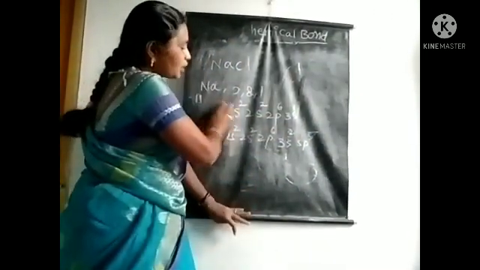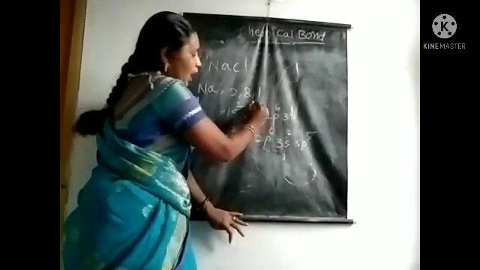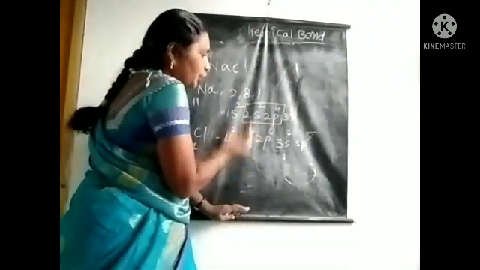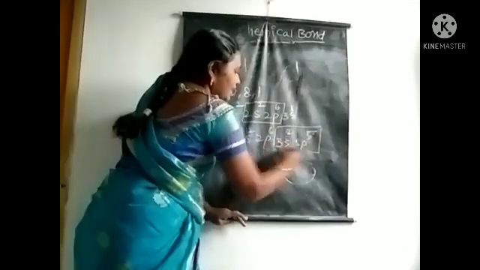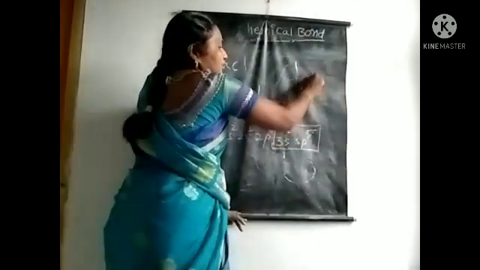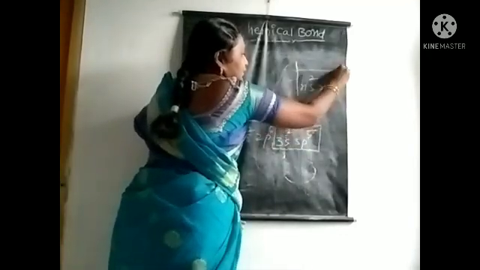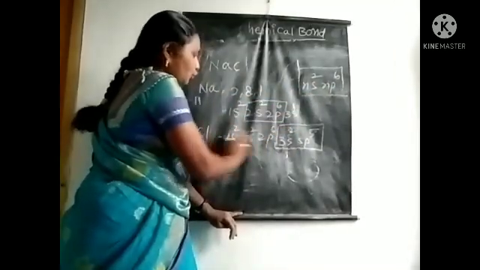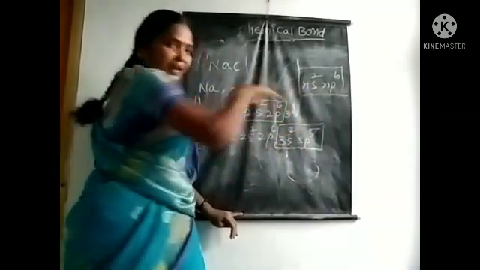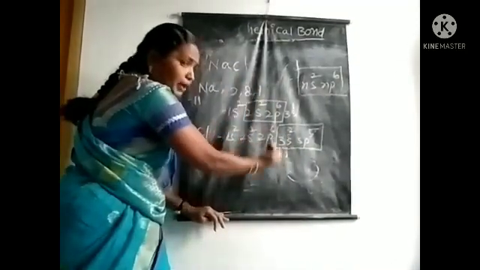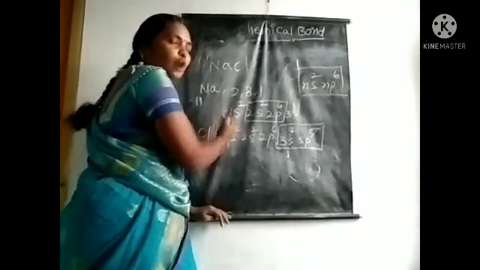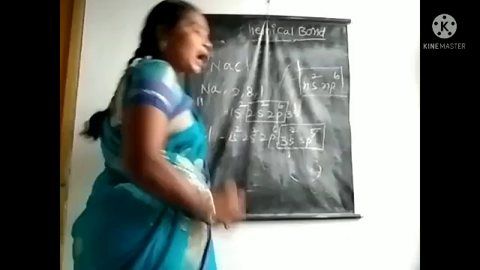Observe, children, sodium is ready to give one electron to attain the nearest inert gas configuration. Like that, chlorine also gains one electron to attain the nearest inert gas configuration, that is ns2 np6. To attain this configuration, sodium gives one electron and chlorine gains one electron. Here the chemical bond is formed due to transfer of electrons. This is an example for ionic bond. Let us observe one more example for ionic bond.